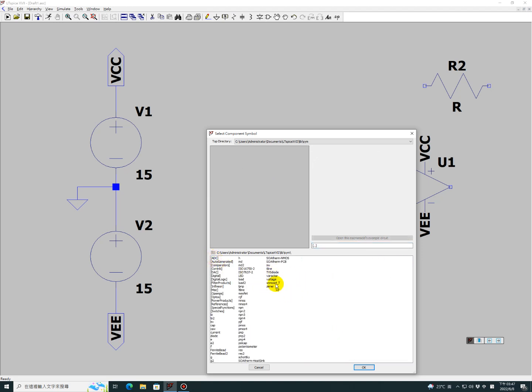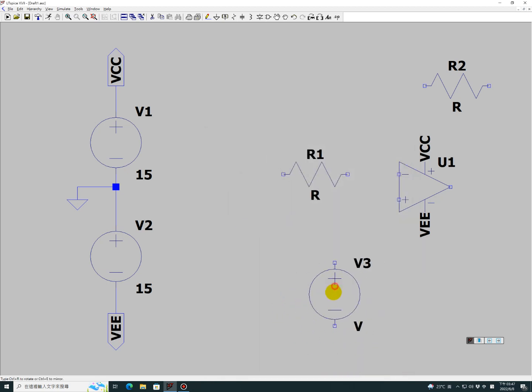That's for this signal, and there is ground.